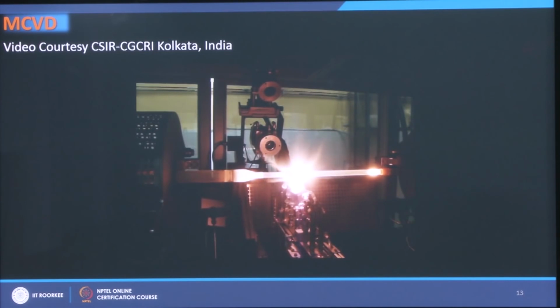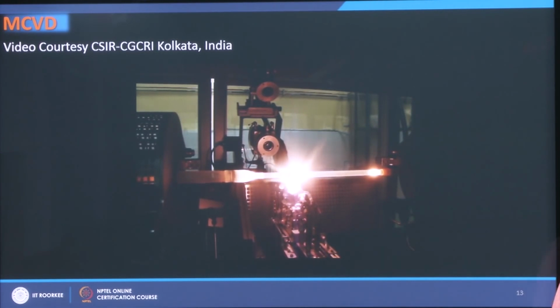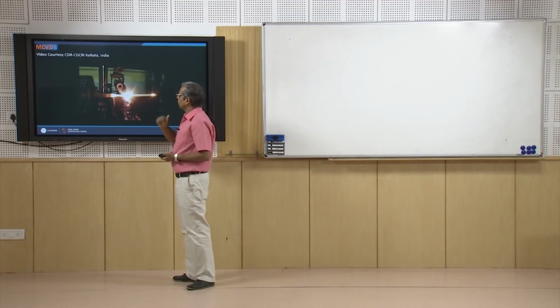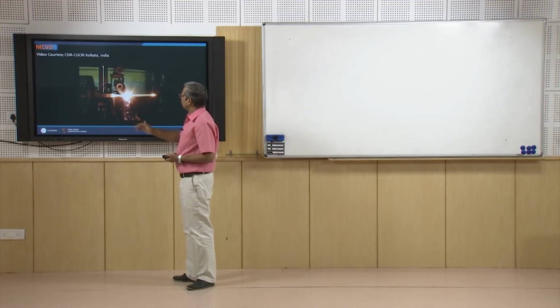Very slowly you lower this preform into this. Initially what happens is, when it starts melting, a gob of glass is formed here, and this gob of glass falls under gravity.